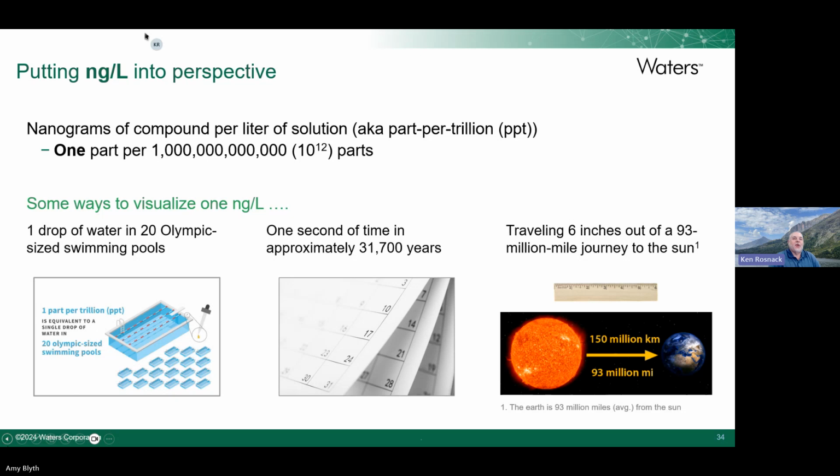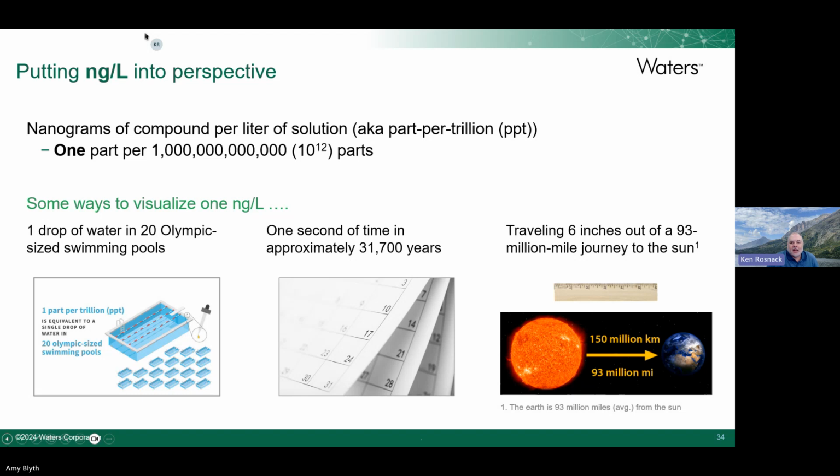I know everybody's been throwing around numbers. Andrew certainly mentioned parts per trillion. A way to think about parts per trillion is the equivalent of a drop of water in 20 Olympic-sized swimming pools. Again, that's a concentration perspective.